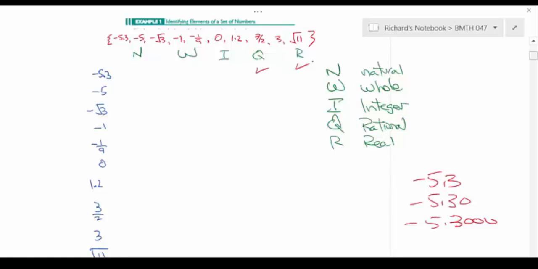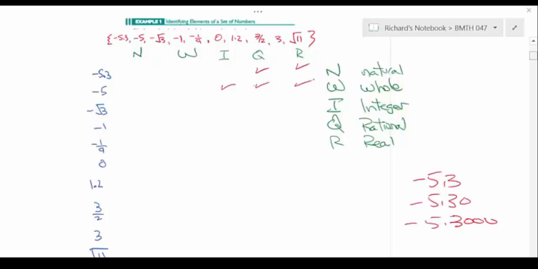Negative 5, once again, is not natural or whole because you can't have any negatives with either the natural or the whole numbers. But it is an integer. And being an integer, it's also a rational number and a real number. Negative root 3. Remember the square root of a prime number is irrational.